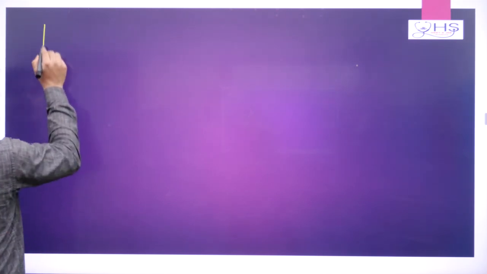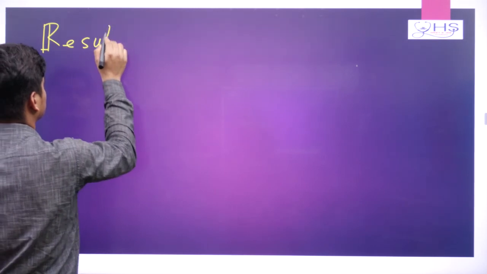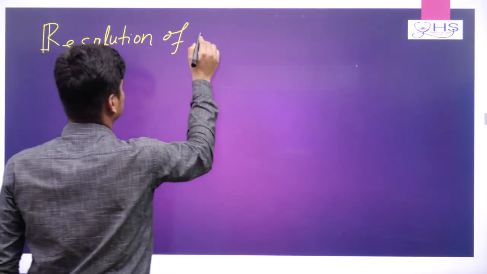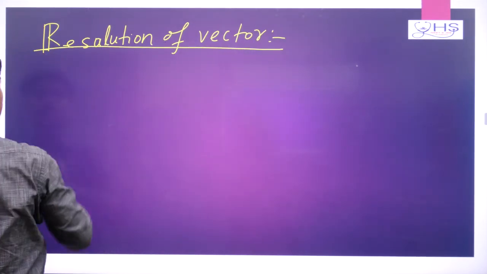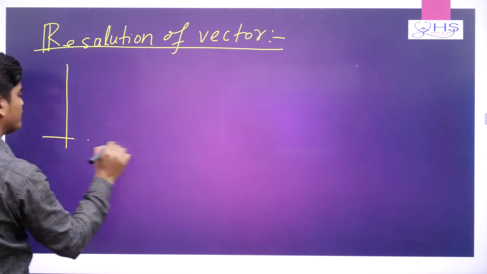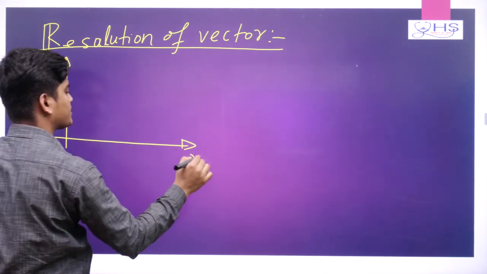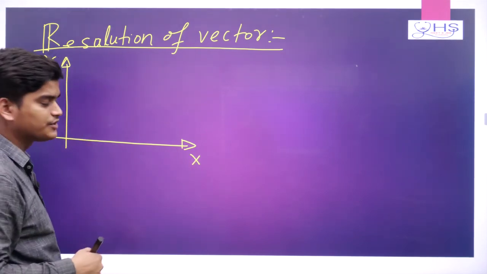Now understand what a resolution of a vector is. Here, if I have two axes, this is your y axis, this is your x axis, and I know the y and x axes are perpendicular to each other.